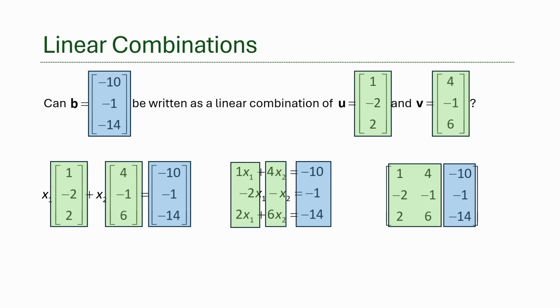We can make this even more explicit by writing that augmented matrix in terms of the original vectors. I'm going to put u in place of (1, -2, 2), v in place of (4, -1, 6), and b in place of (-10, -1, -14). Now, hopefully you see the connection between this idea of a linear combination and a matrix.